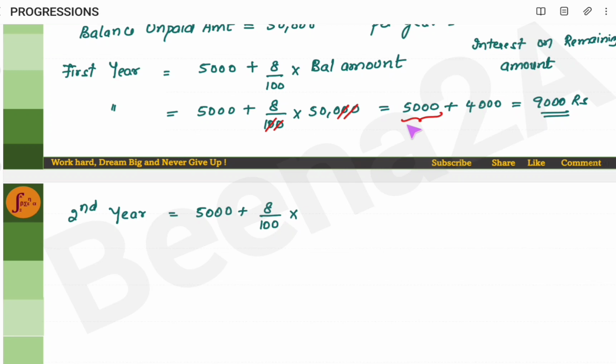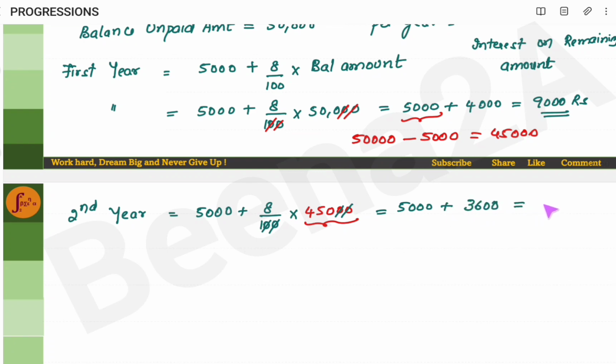From 50,000, deduct 5,000, right? 50,000 minus 5,000, which is 45,000. So balance is 45,000 here, right? Because in the first year he paid 5,000. So now let's calculate. We'll get 5,000 plus 3,600. So this is going to be 8,600 rupees. Right? So in the second year he's paying 8,600.